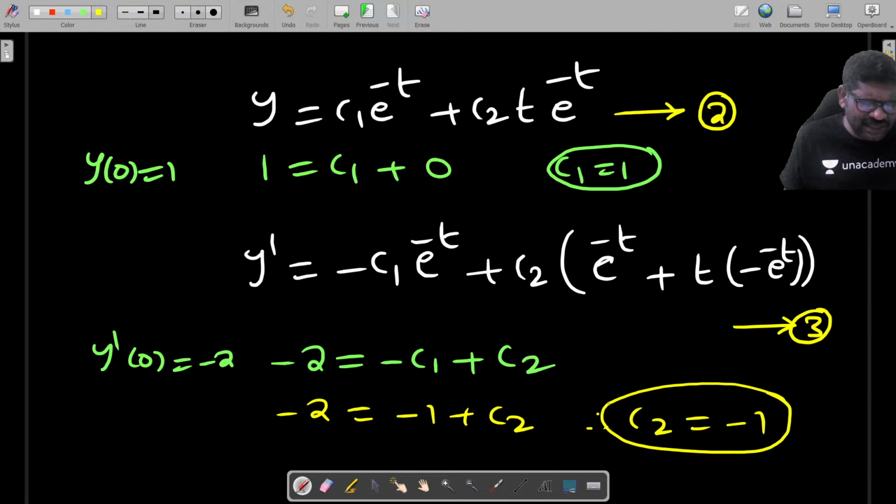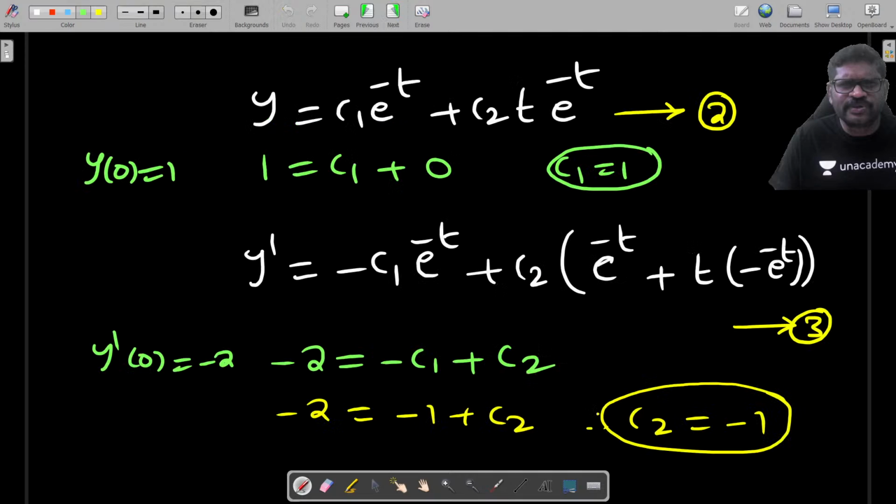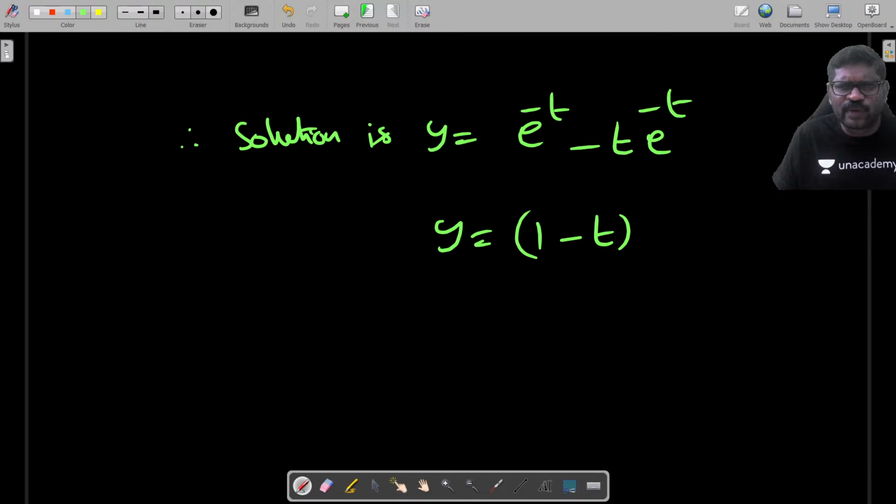c1 is 1, c2 is minus 1, therefore the solution is y is equal to e power minus t minus t into e power minus t, therefore y is equal to 1 minus t into e power minus t.